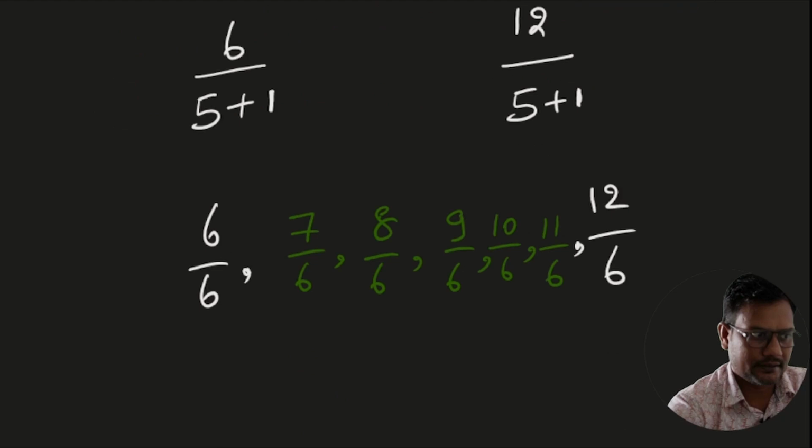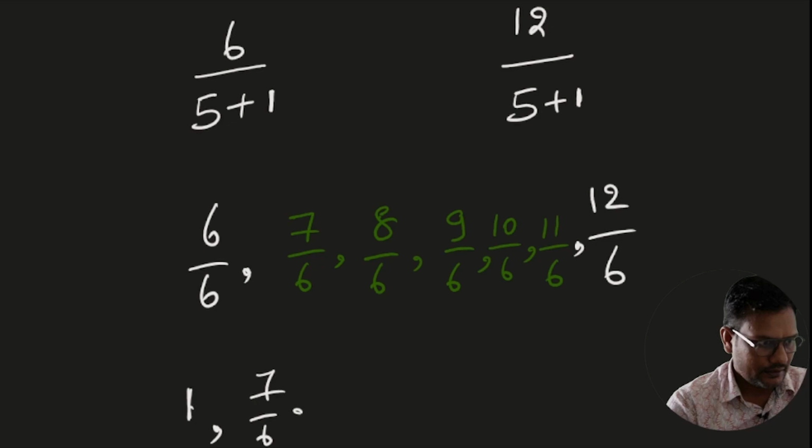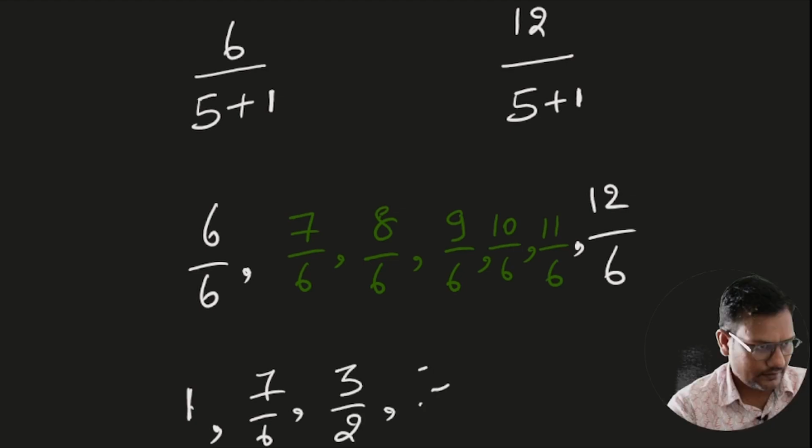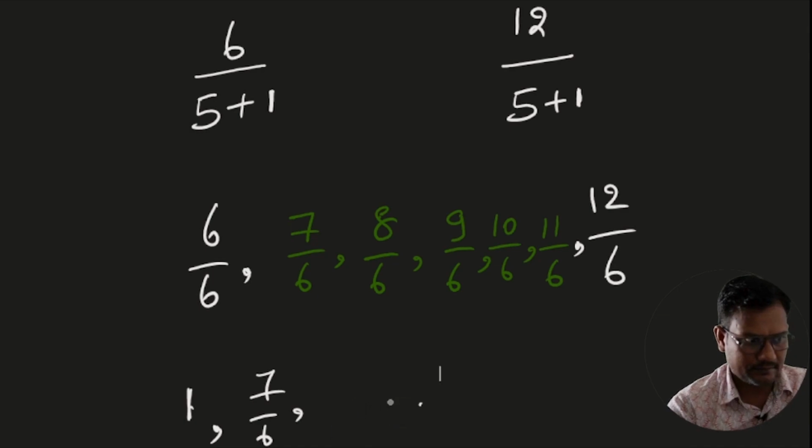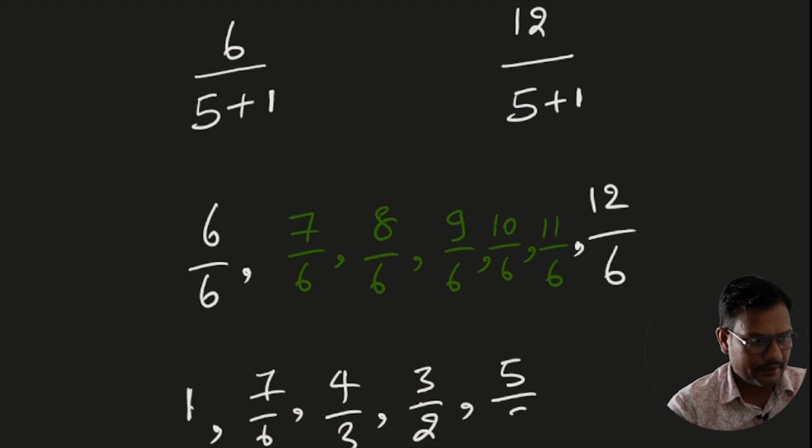That means this is 1 by 1, 7 by 6, 4 by 3, 3 by 2, 5 by 3 or 11 by 6.